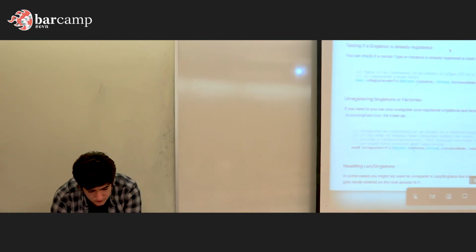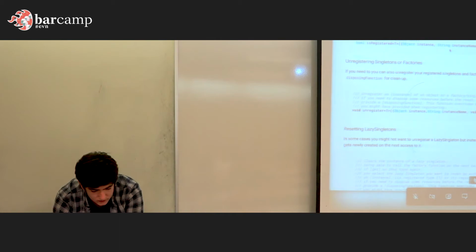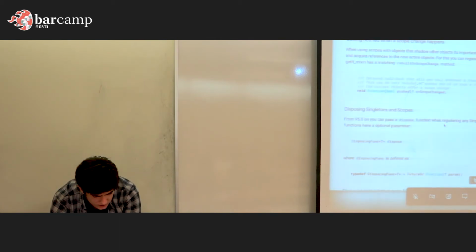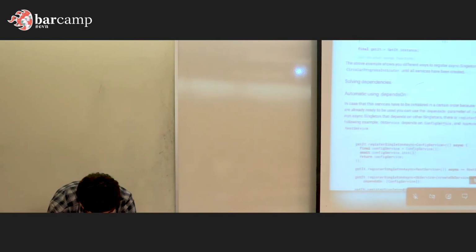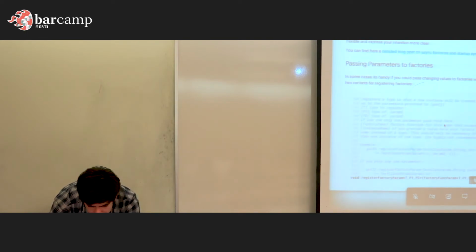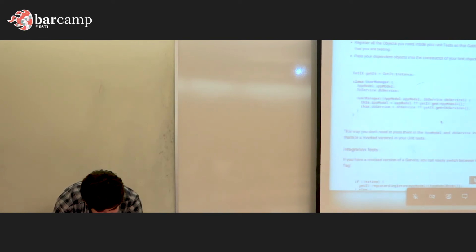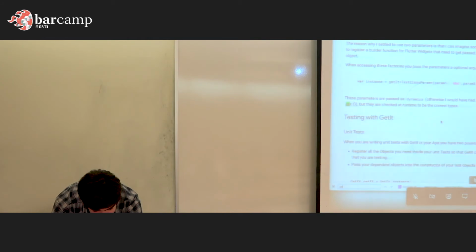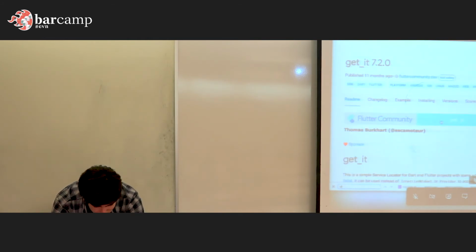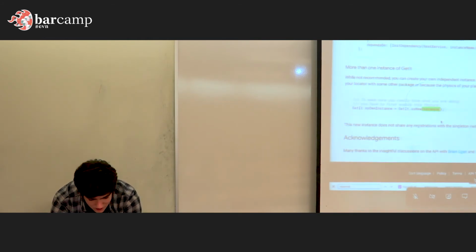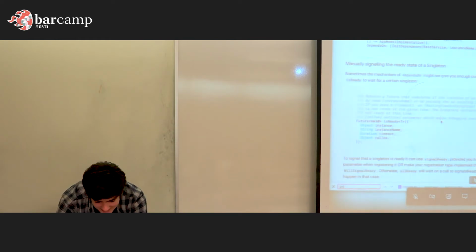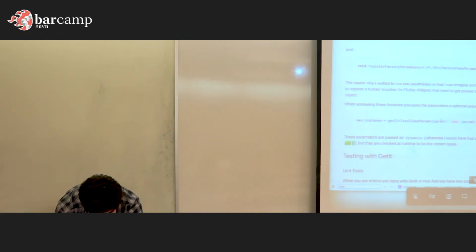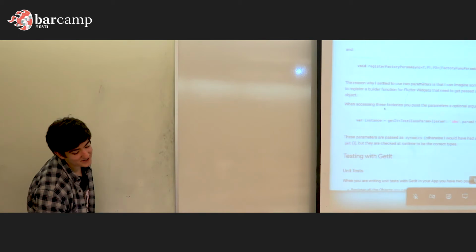And you can break something while doing that. I'm trying to find the definition, but the documentation is, I don't know. getIt instance get. Here we go, here it is.